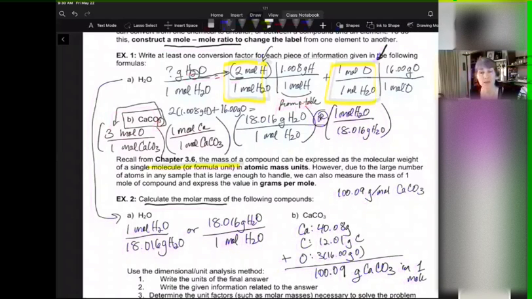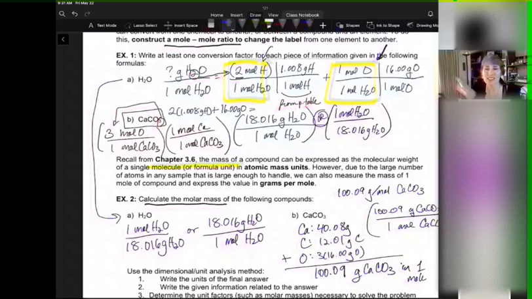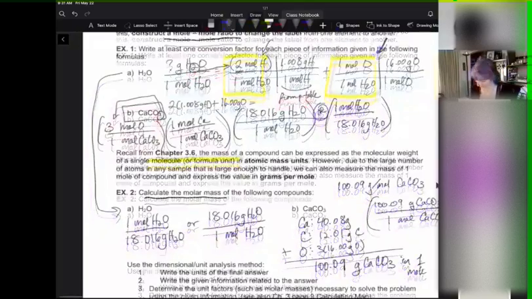They have the same label, so that really means 100.09 grams of calcium carbonate on top and 1 mole calcium carbonate on the bottom. So sometimes we see that slanty line. It's good in your own work if you keep it really flat, keep it a horizontal line. So you can see a clear top and a clear bottom.